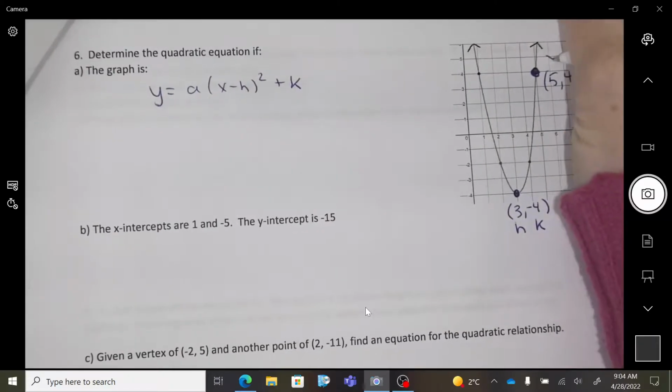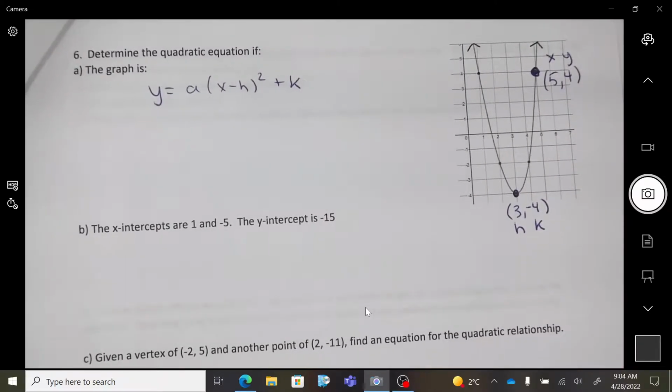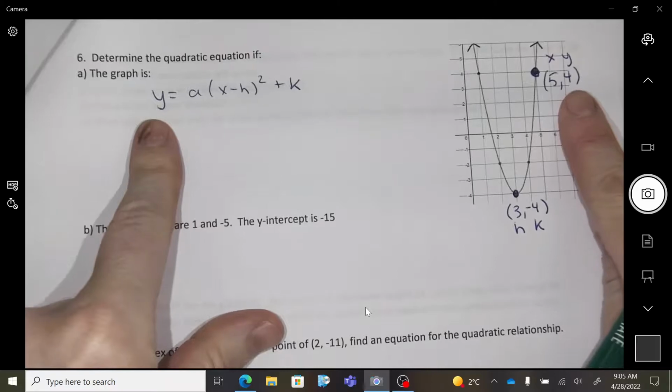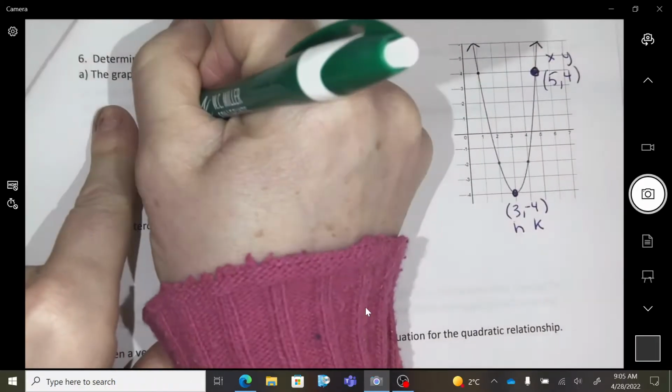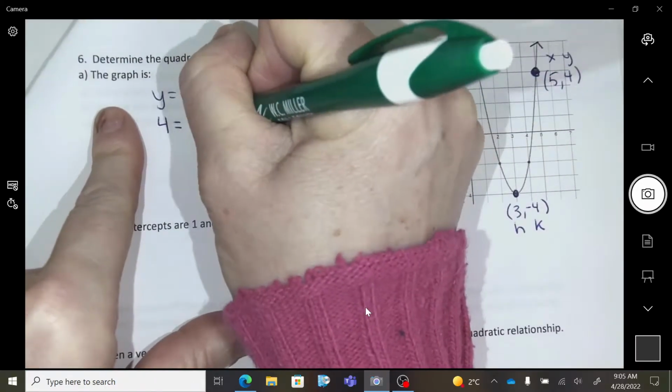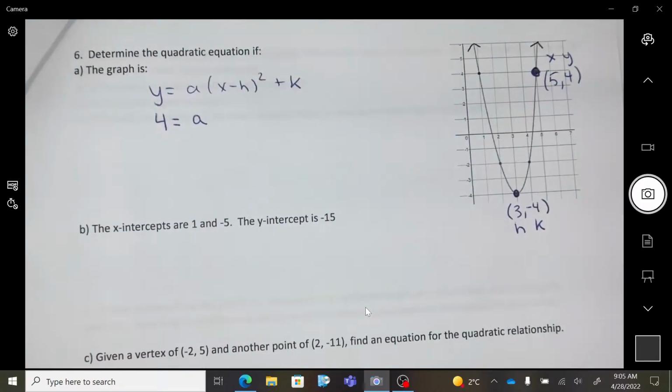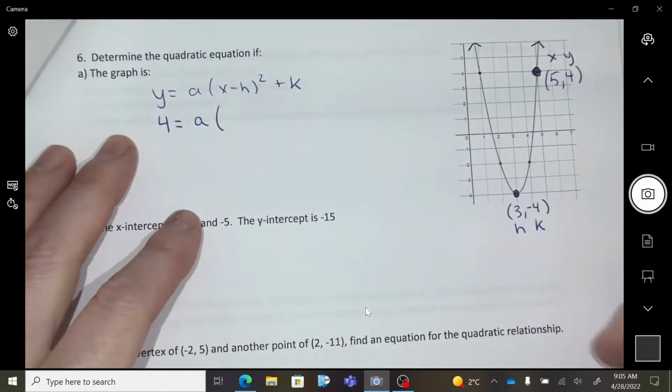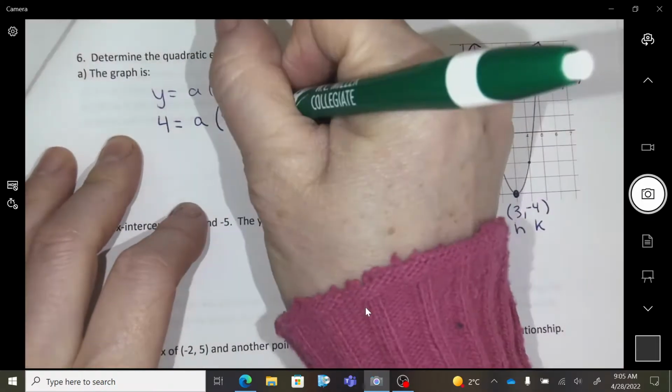And any coordinate is going to go into the X and Y spots. Okay, here we go. Y, I'm going to put a 4 there. A is what I'm trying to get, the slope. X is going to be a 5.